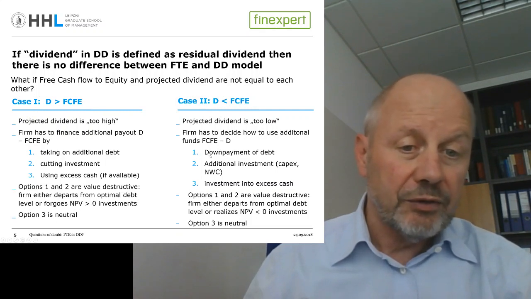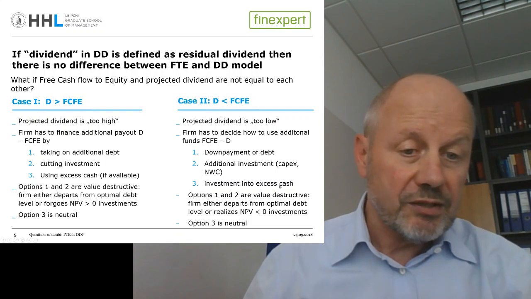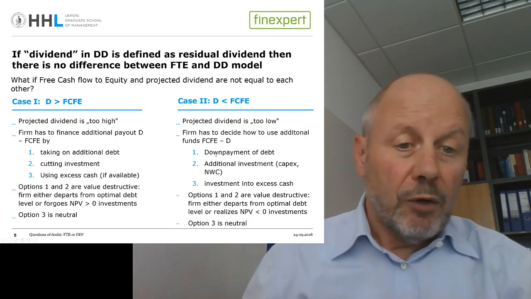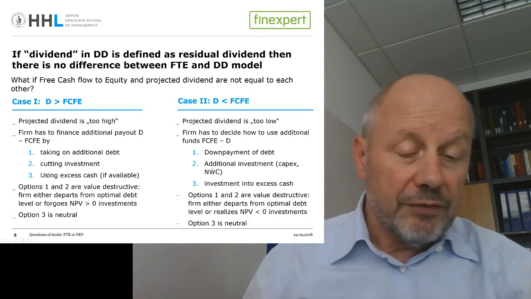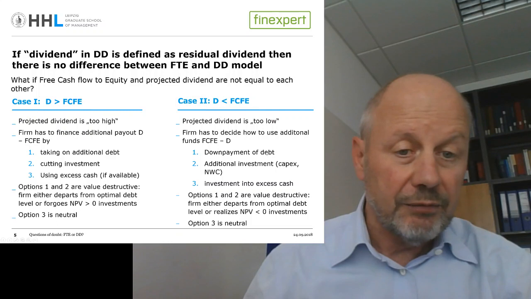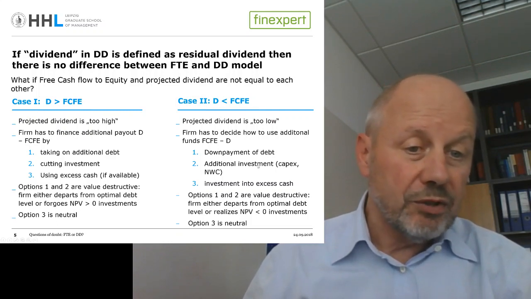Here we can either pay down debt, or we can make additional investments into fixed assets or into our working capital, or we can make investments into excess cash. Again, the same token applies here. Down payment of debt and additional investments yields the firm realizing a suboptimal strategy. It departs either from its optimal debt level and destroys value, or it realizes bad investment opportunities carrying a negative net present value.